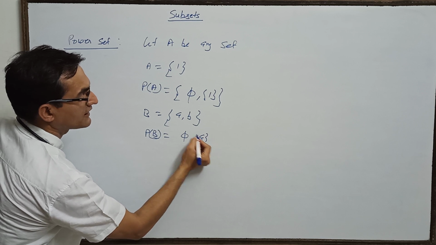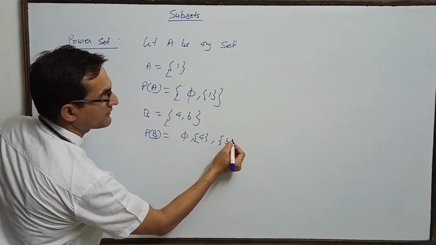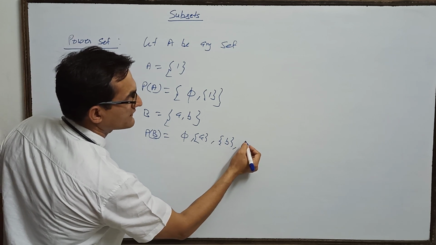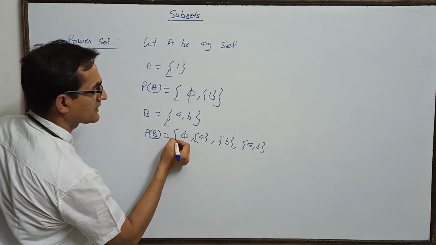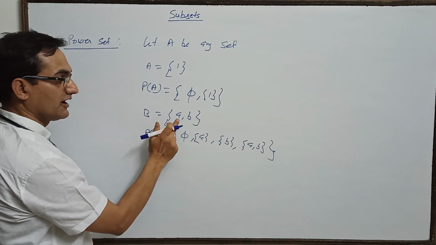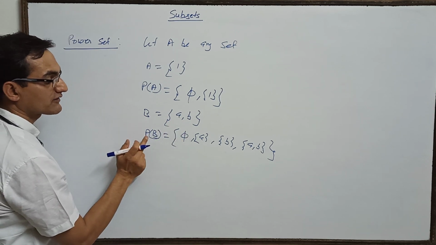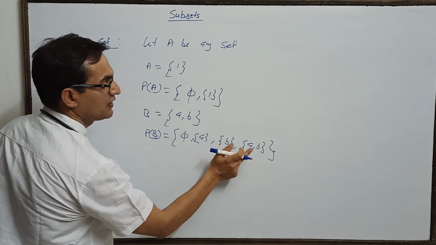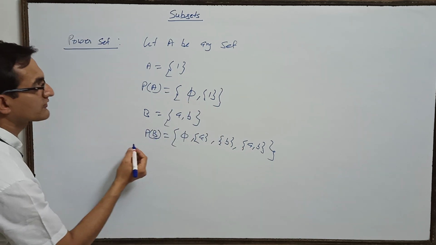Then the set having element a, the set having element b, and the set having elements a, b. And the collection of all of these. How many? If B has 2 elements, then the power set of B has 1, 2, 3, 4 subsets.